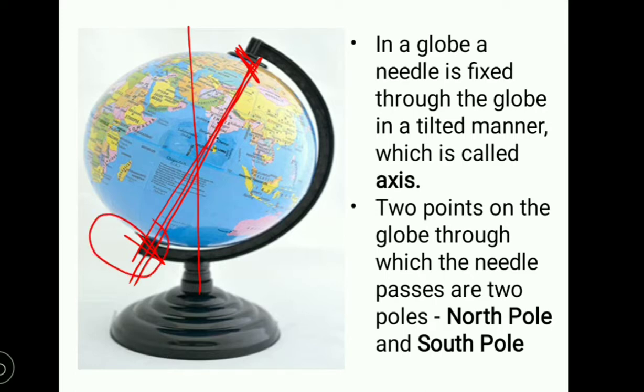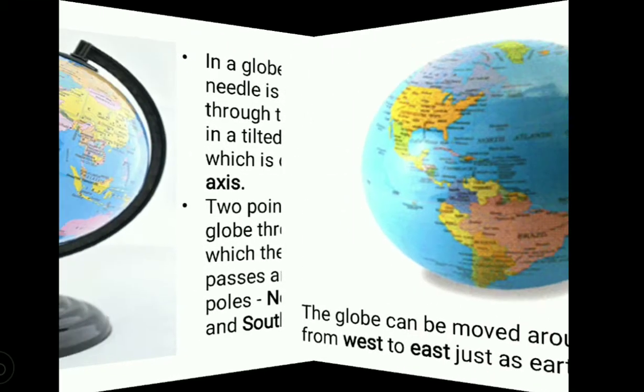This is the axis of the globe, and the two points on the globe through which the needle passes are the two poles. We can pass the needle from the north pole to the south pole. So for the north and south direction, here we have given the name north pole, and here south pole. And this is about the poles.